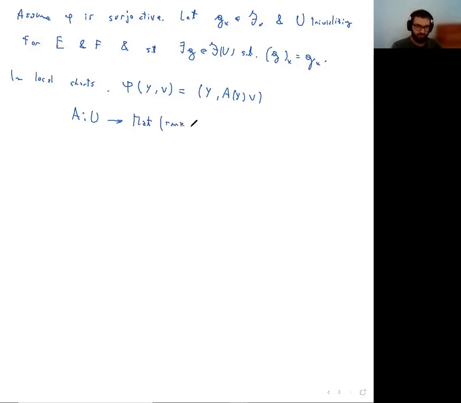And what is the dimension of this matrix? Well, it's rank F times rank E. And as a function, think of this as a vector space, it's just C to the rank E times rank F. And as such, we want it to be holomorphic. And since it's surjective, the rank of the matrix A(y) is equal to the rank of F for all y in U. Okay.